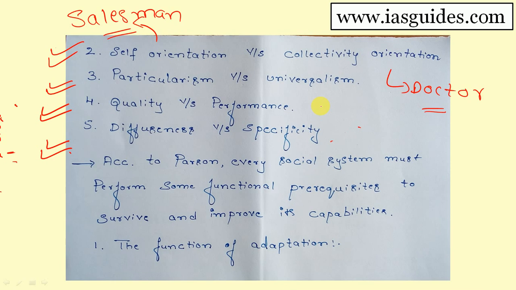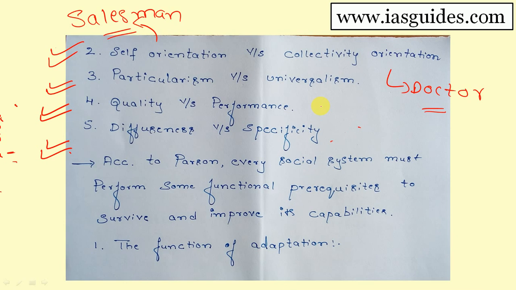Diffuseness is morally obligating, and it is significant in a pluralistic society. These are the characteristics of diffuseness. But in specificity, the involvement is limited. It is not wider, not broader.